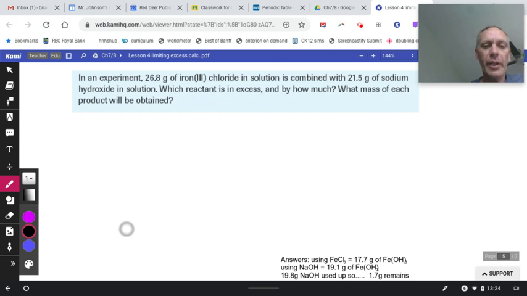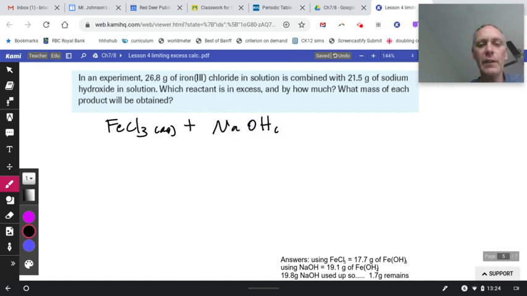In an experiment, we have 26.8 grams of iron(III) chloride, FeCl3, Fe3+, Cl1-, aqueous, combined with 21.5 grams of sodium hydroxide, aqueous, to produce, so it's a double replacement, Fe3+, OH is 1-, so we'll need 3 of those.